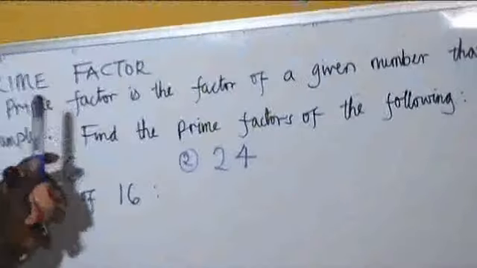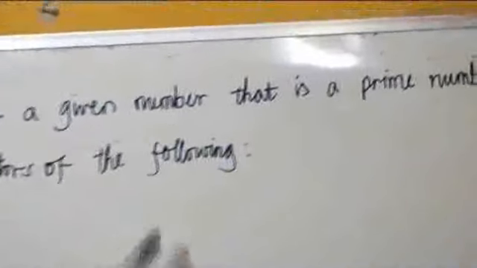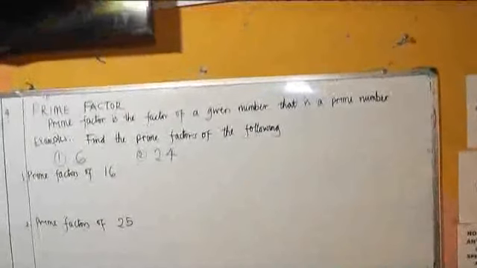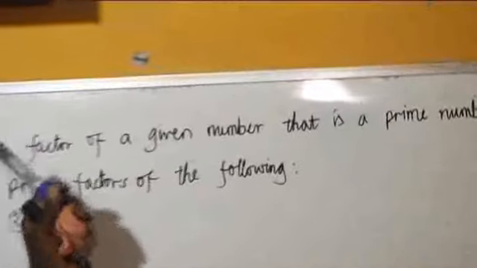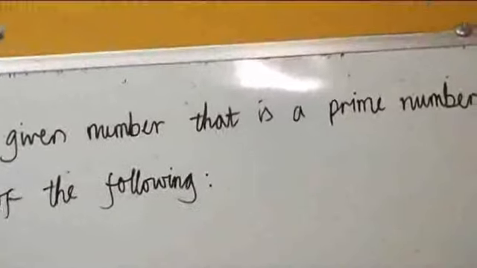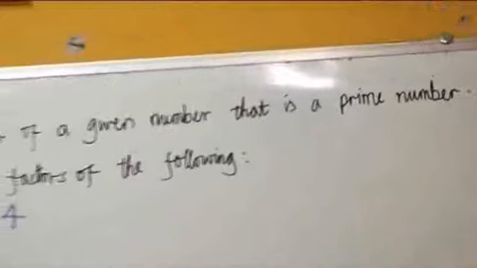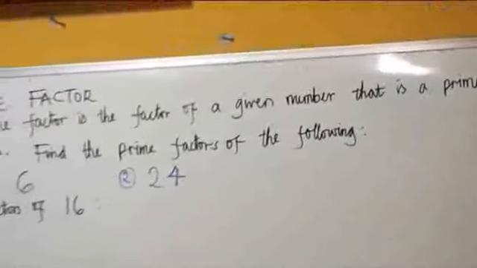Now, a prime factor is a factor of a given number that is a prime number. Simple as that. I repeat: a prime factor is a factor of a given number that is a prime number. What is the meaning of this?